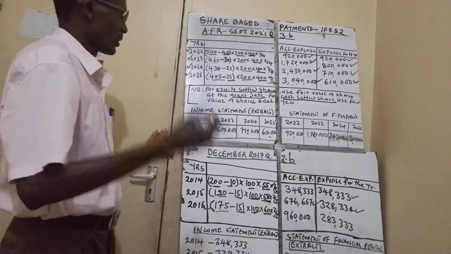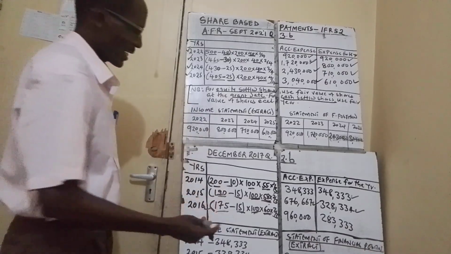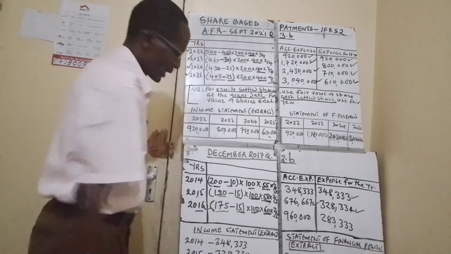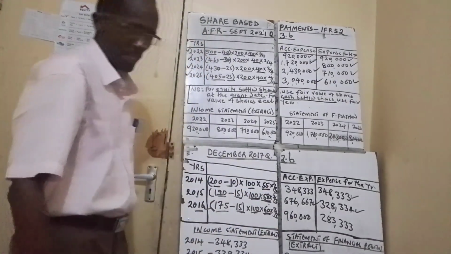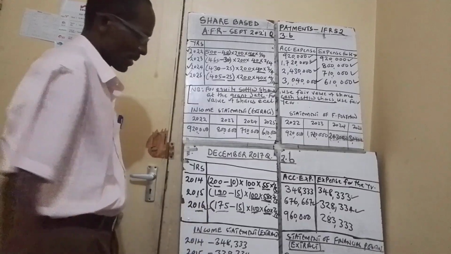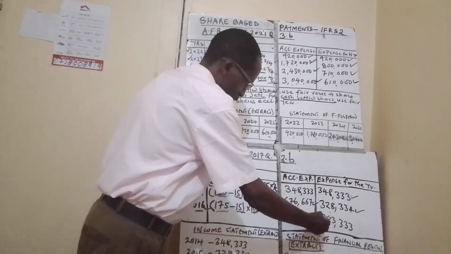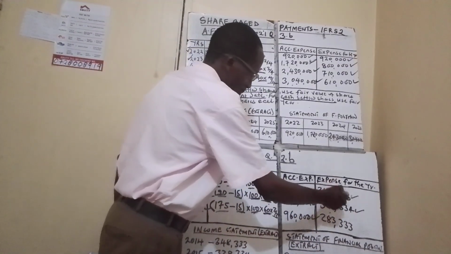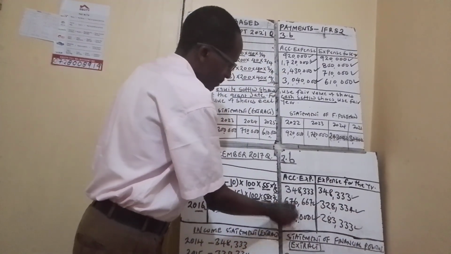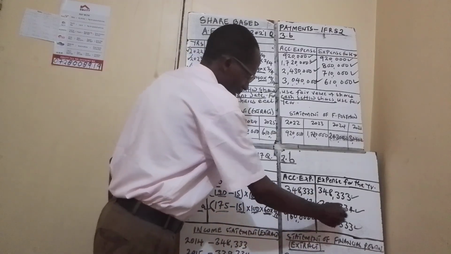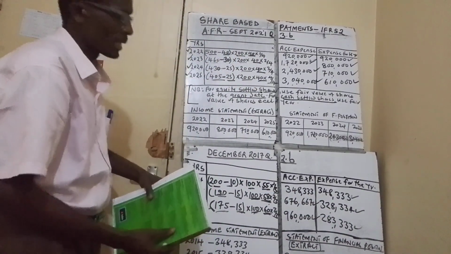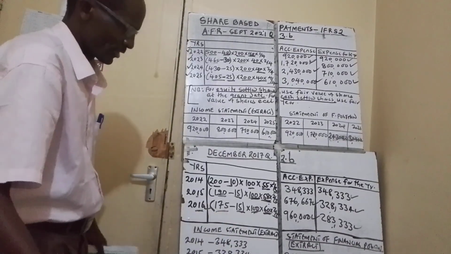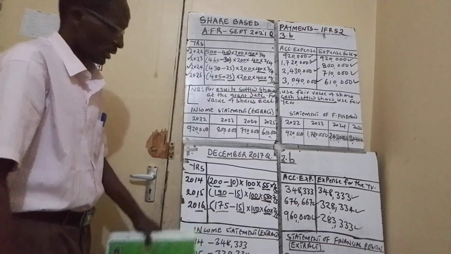But because this is cash settled shares, you look at the market price in 2016, which is 60 shillings. Multiplied by 3 over 3, or just 1, because we are in the third year, you get an accrued expense of 960,000. Then the expense for the year is 960,000 minus 676,667, which gives 283,333. That is it. Simple, not complicated, straightforward.